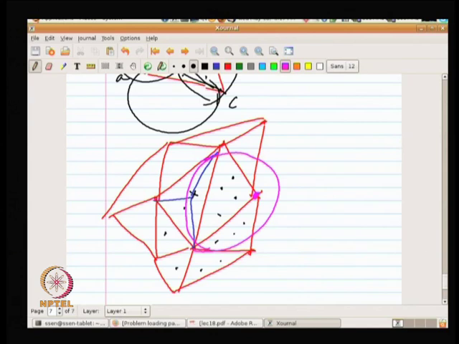In that case, what I am going to do is I will try to restore the Delaunay property by flipping this edge. So this edge will be flipped. This is the new point to be added. So I flip this edge, I get this. Now I have these two new triangles. Once we have the new triangles, if you look at the circumcircle of this, it may again contain this point and this may be violated.